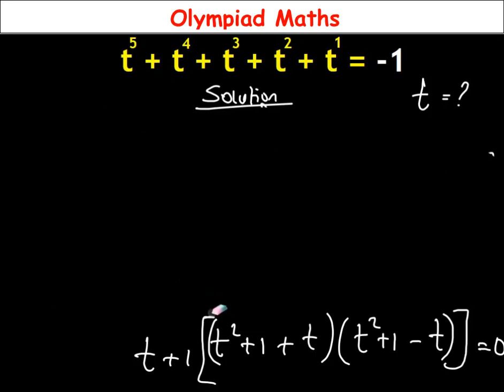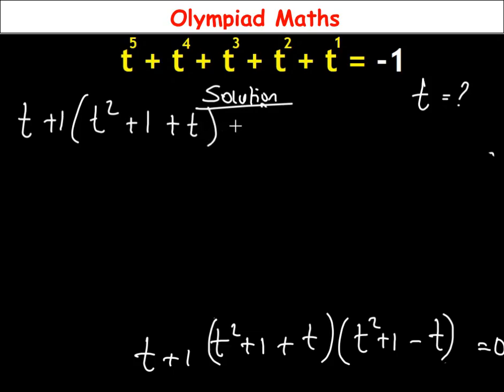If we are to remove these brackets right here, because I used these brackets for explanation, removing these brackets, we then have a much clearer picture. So with this, we then have t plus 1, then t squared plus 1 plus t multiplied by t squared plus 1 minus t is all equal to 0.